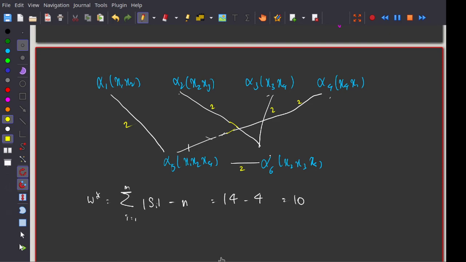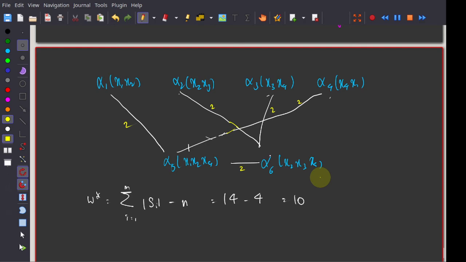The maximum weight spanning tree. What is the total weight? 10. And this is a junction tree, exactly the junction tree that we had previously. Of course, we are trying to do it by hand, so finding the maximum weight spanning tree seems a bit complicated, but there are algorithms which let you do it automatically. And any maximum weight spanning tree is going to be a junction tree.